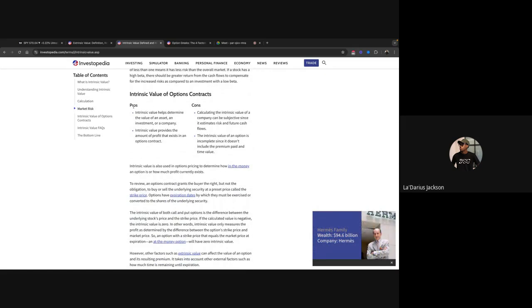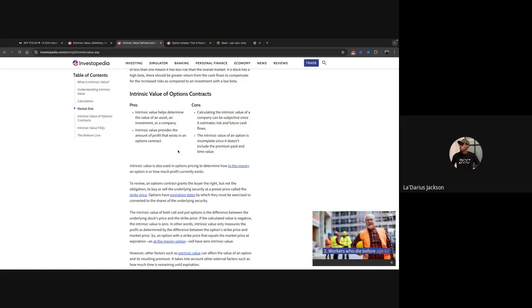So the pros and cons is what I want to talk about. We talked about intrinsic value a little bit on the other page. The pros and cons is pretty interesting. So the pro is that the value helps determine the value of an asset. Also, the value provides the amount of profit that exists in the option contract.